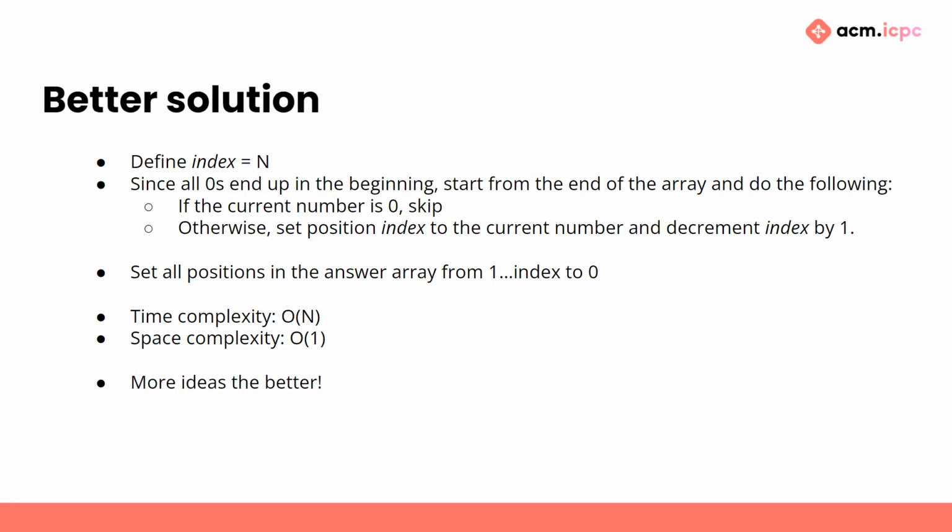And then afterwards, we just set all the other numbers that aren't set to 0. And this would be O of n, but if you look at the space complexity, it's actually constant space, since we're only using an additional 1 variable instead of creating a new array. So of course, you can say that it's O of n since you actually have to store the numbers, but it's essentially constant space since you're not using additional memory.